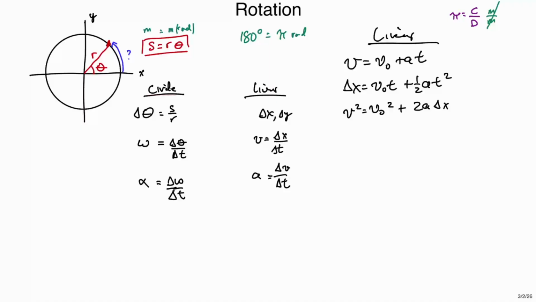This wheel has omega. Why does this wheel have omega right now? Because it's spinning, because it's going someplace angularly. Does it have alpha right now? Yes, because it's slowed down.